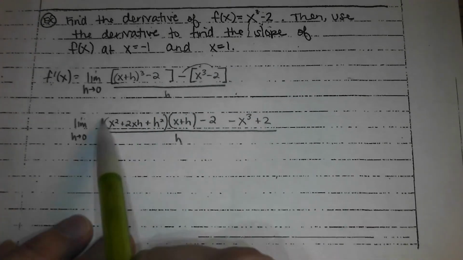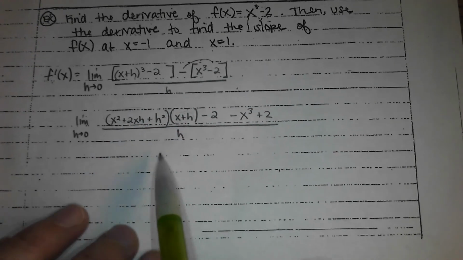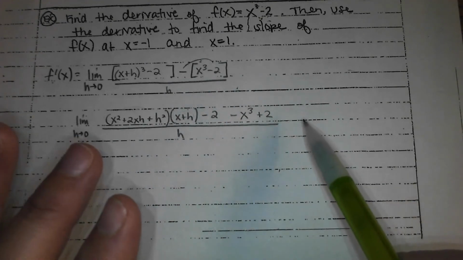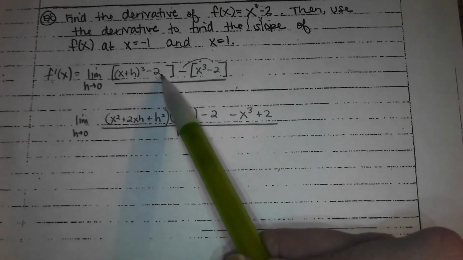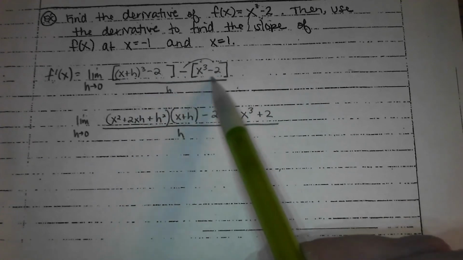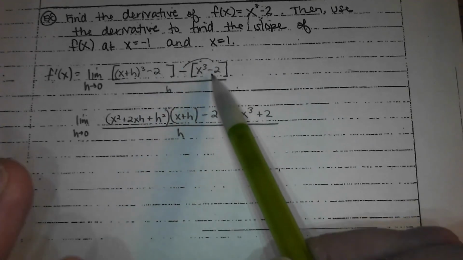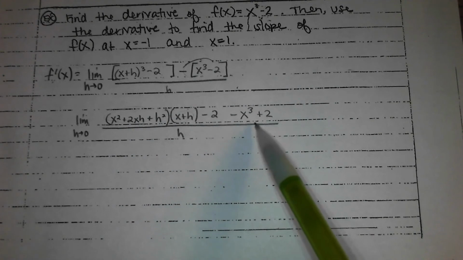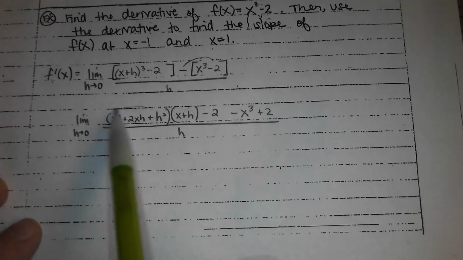Don't just write this down and focus on that and then try to remind yourself where you were in the whole process, because you'll lose things. You'll forget to copy down the minus 2 or something, or you'll forget the whole minus f of x part. So always be complete with it. I know it's more writing, but it's just going to keep everything very organized. And then handle this.